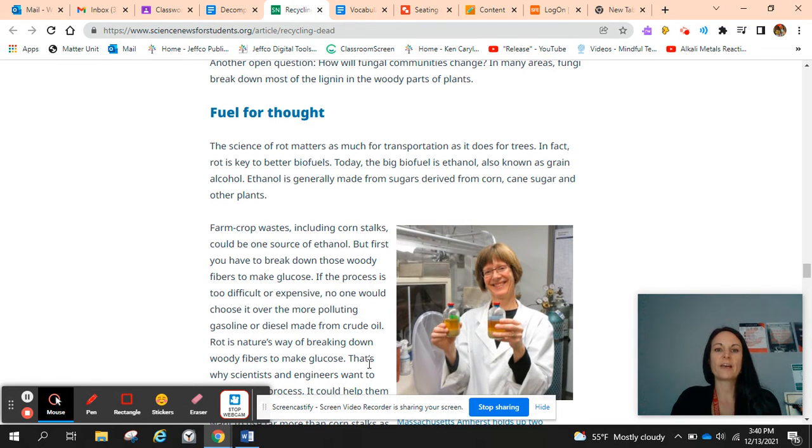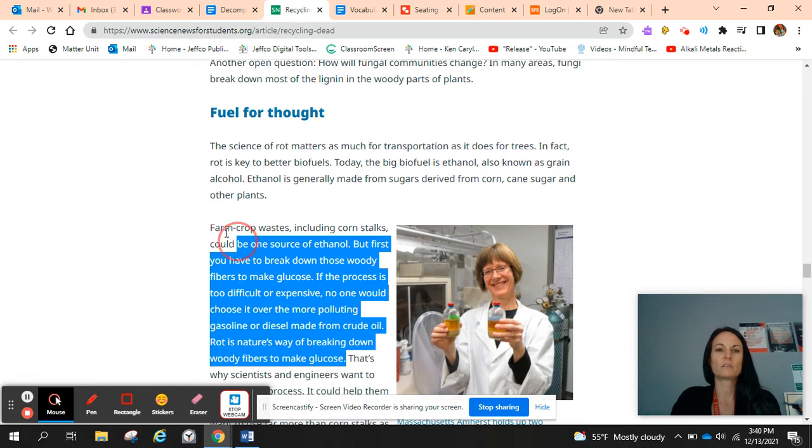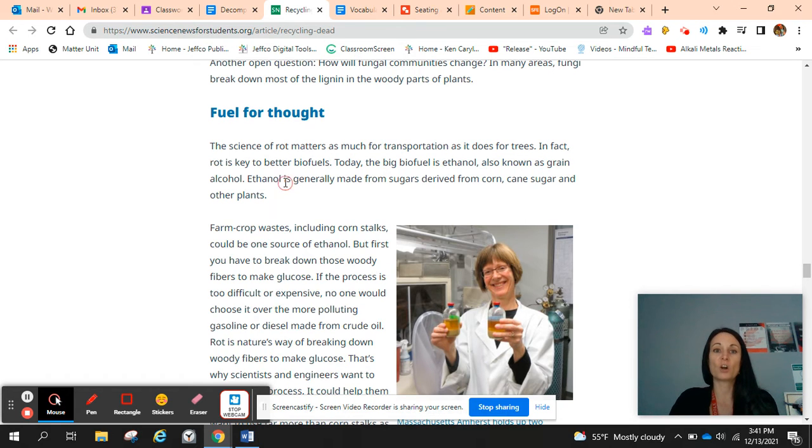So, things like farm crop wastes, including corn stalks and other once living things that have died, if we could break down those fibers and release the energy that's in there, we would hope we could use that as a fuel. And that is working. There are even some cars that run on ethanol nowadays.